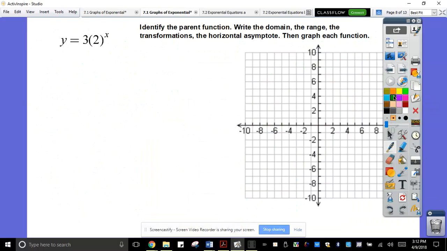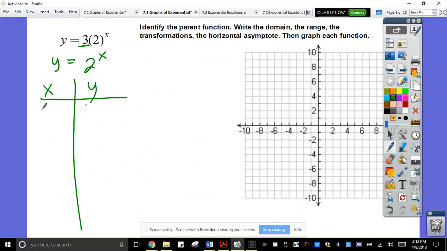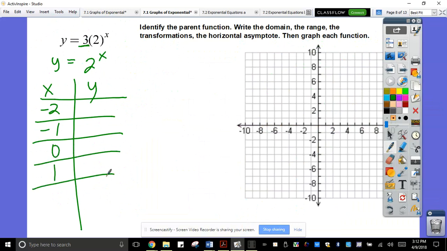Next, let's go back here now. What about this one here? There is a constant outside the 3. So y is equal to 2 to the x is still your parent function. So since we're doing the parent function, -2, -1, 0, 1, 2, you plug in the -2 there, will give us 1/4, 1/2, 1, 2, and 4.